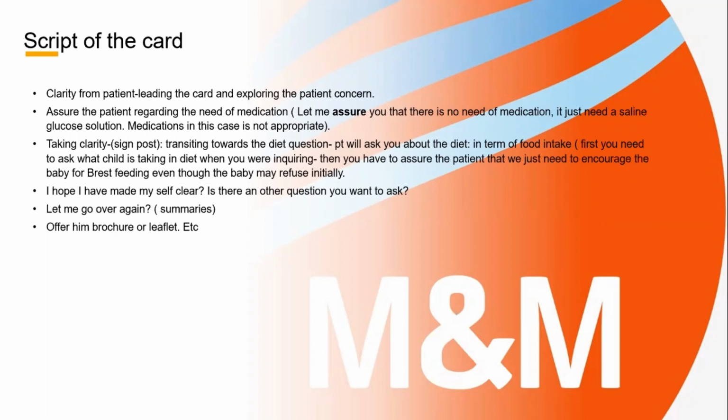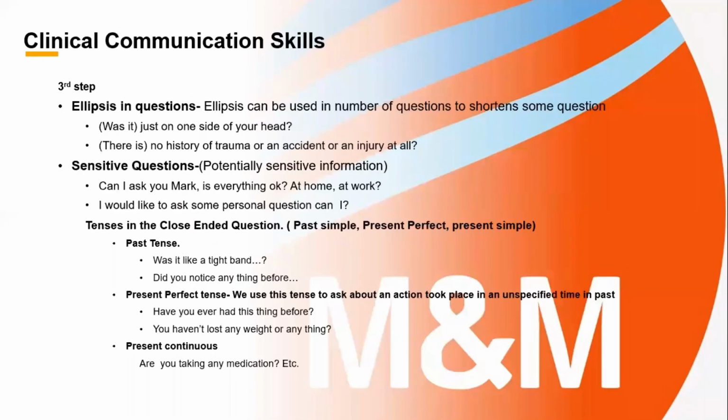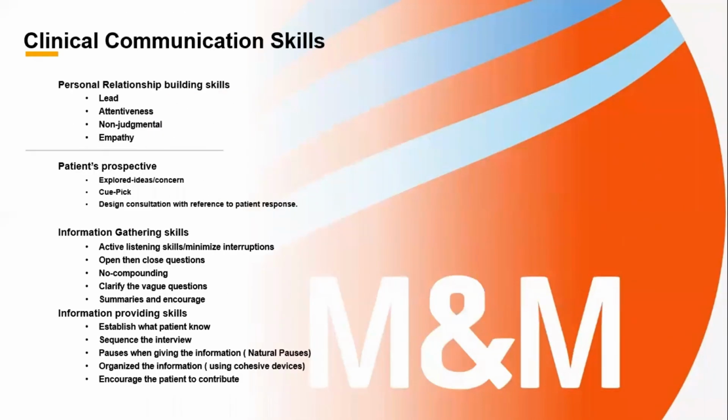So these are some of the areas that we have discussed in the speaking part of the conversation. Now, the next thing I'd like to discuss with you is the information providing skills in detail, which was not covered. In the information gathering and providing skills, besides open-ended questions, ask one question at a time.